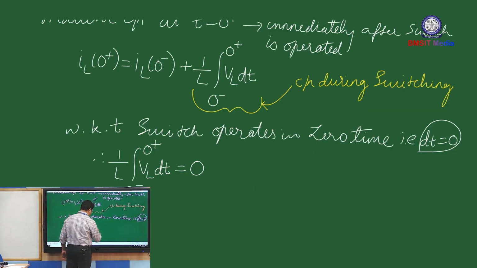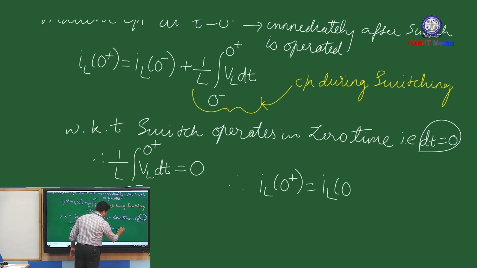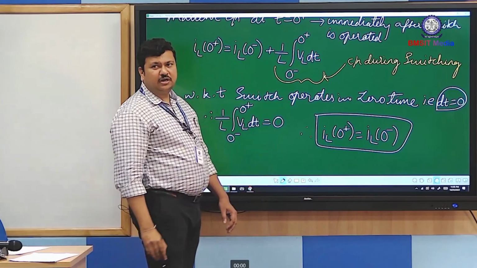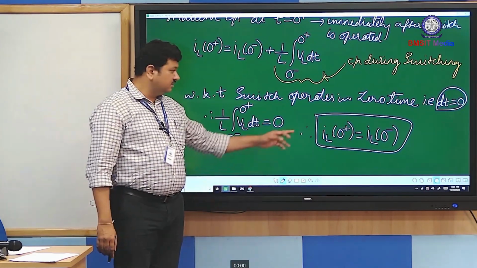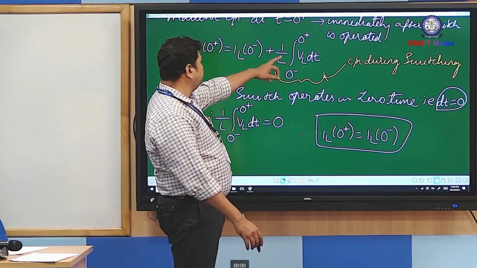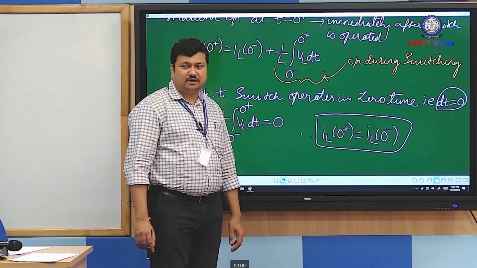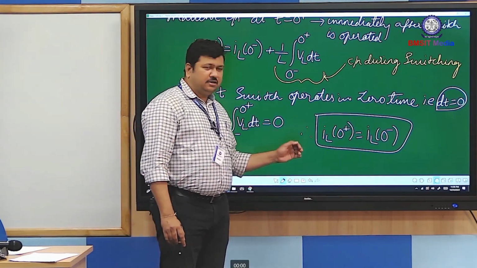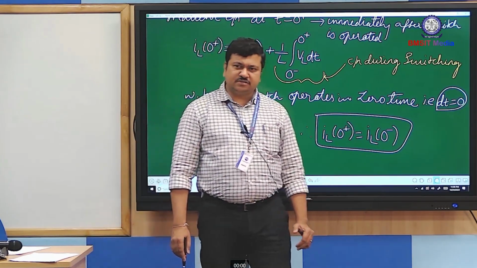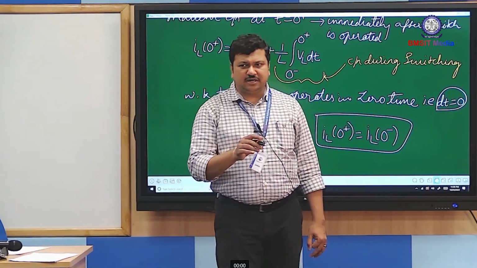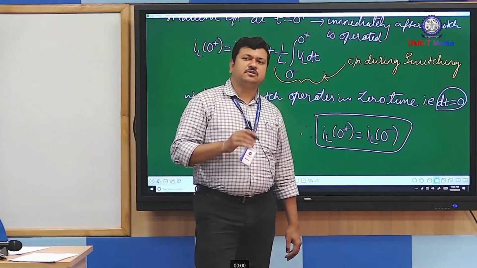Now therefore I can write IL of 0 plus is equal to IL of 0 minus. This is an important deduction. So what does it say? Second term is becoming 0, therefore IL of 0 plus is equal to IL of 0 minus. It is saying that the current immediately after the switching operation is the same as the current just before the switching operation.